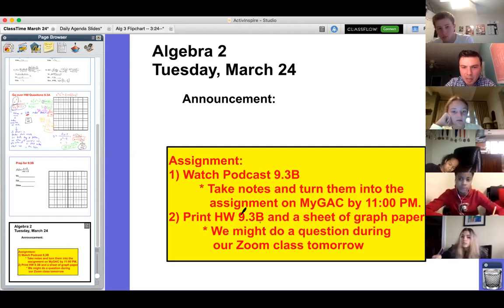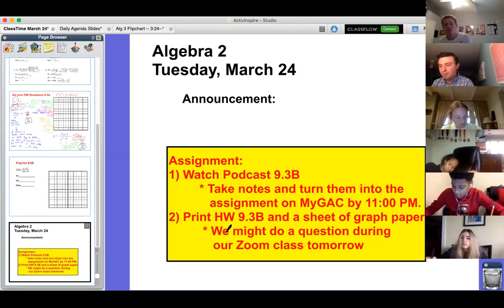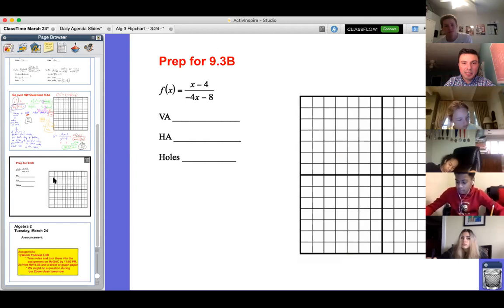After you take notes, I also want you to print homework 9.3b and a sheet of graph paper. If you don't have graph paper, there is a link where you can download a file of graph paper that you'll need for our class on Thursday. We're going to do this homework together on Thursday. Questions about this before we get started?